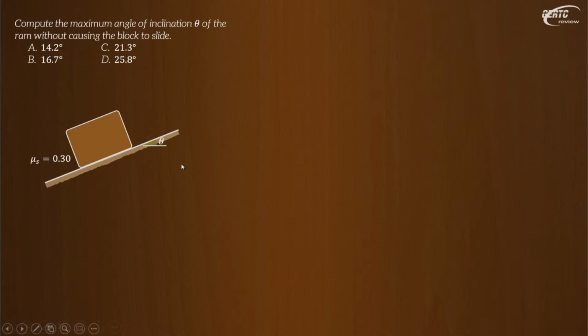Compute the maximum angle of inclination theta of the ramp without causing the block to slide. If you recall, there are two types of problems in friction.